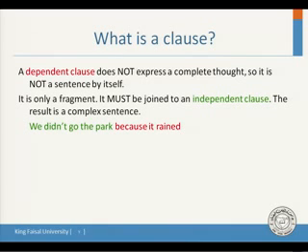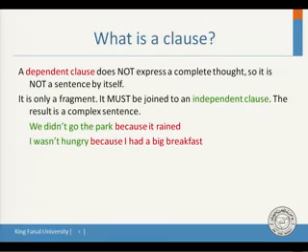Look at the example. We didn't go to the park. Why? Because it rained. Where is the dependent clause? Because it rained. The independent clause, we didn't go to the park. So, two clauses, one dependent, one independent, and the sentence is what? A complex sentence.